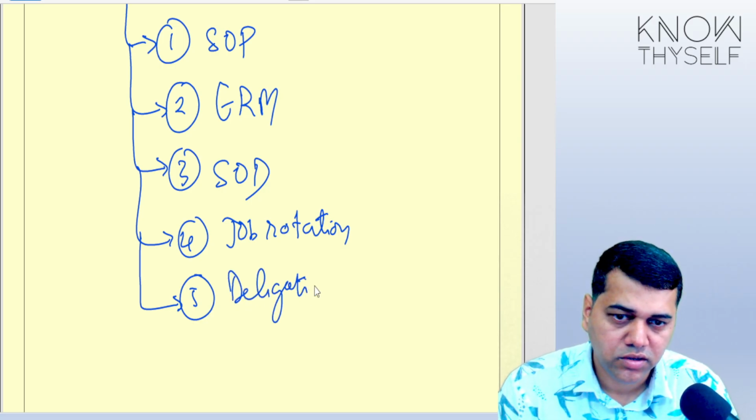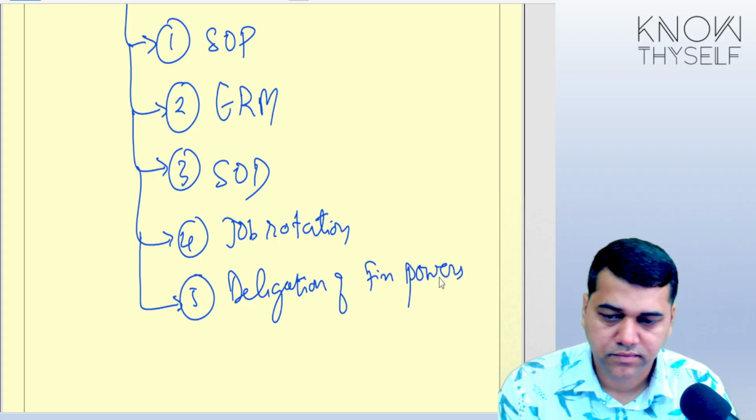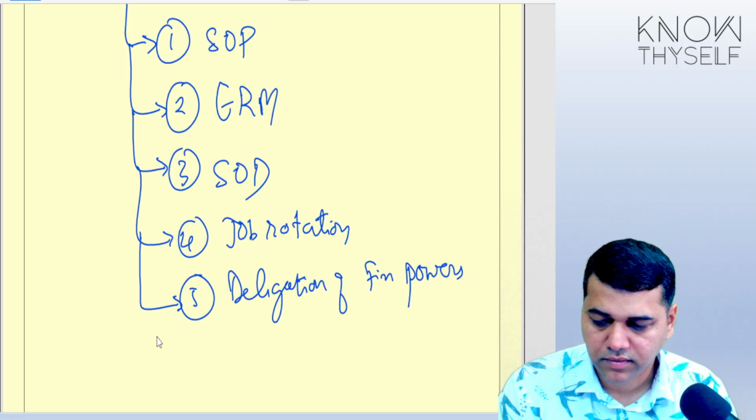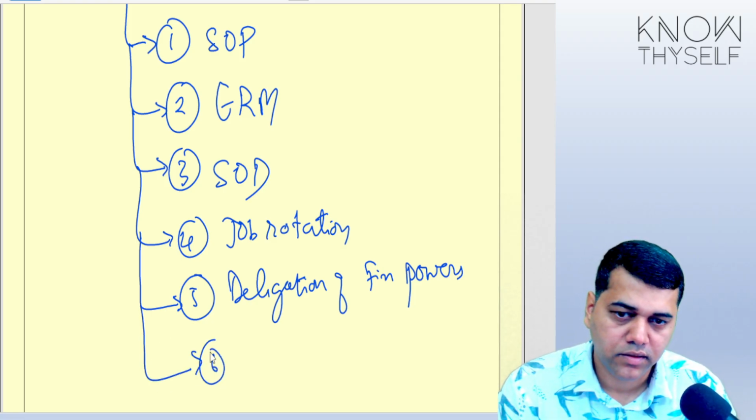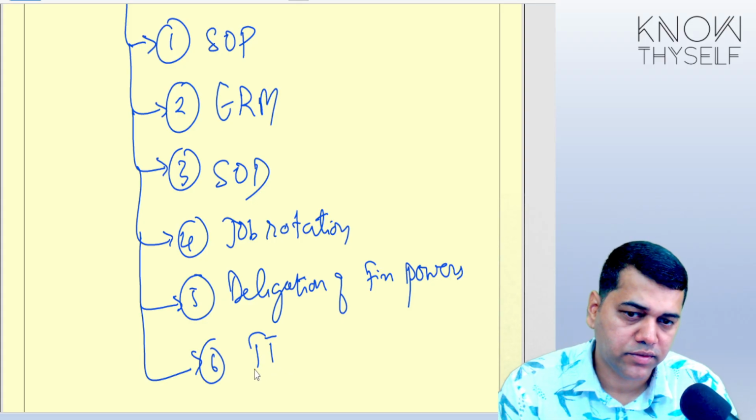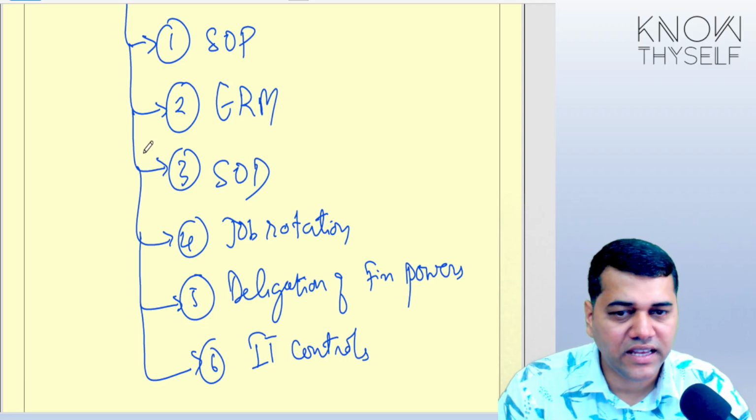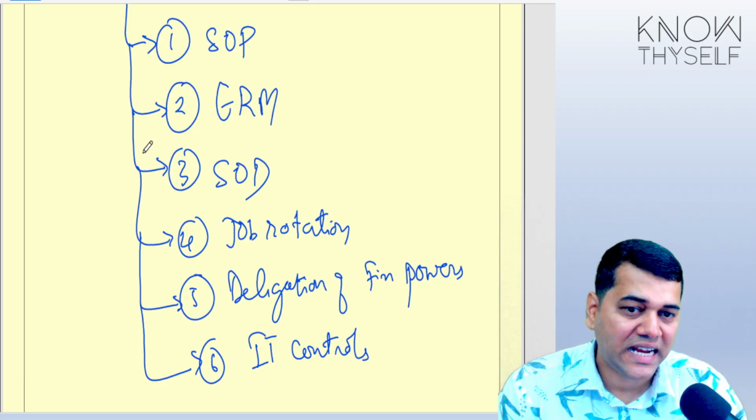Delegation of financial powers. IT controls. Okay, so these are all the 6 areas you have to assess and evaluate about the control environment.